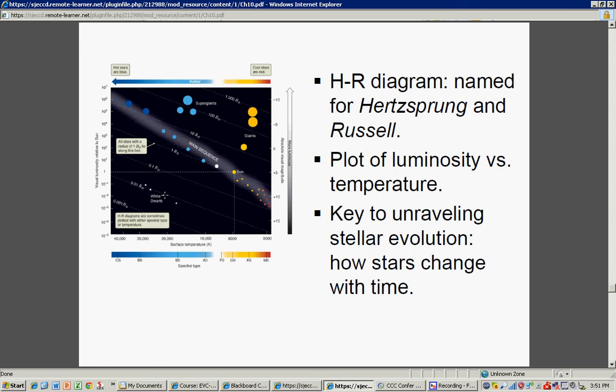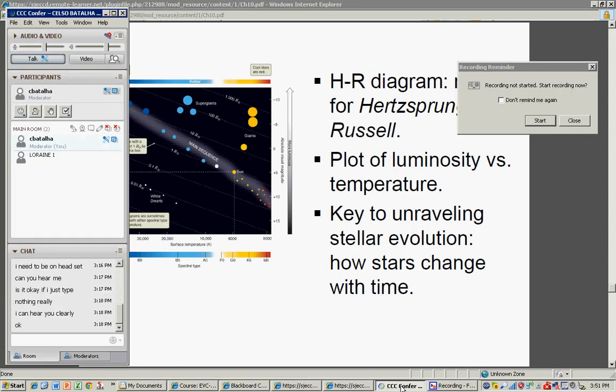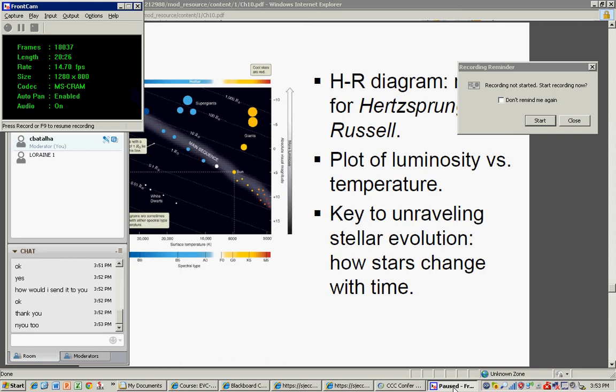Massive stars evolve quicker and faster than low mass stars. And most of the stars in our galaxy are low mass stars. The majority of them are low mass stars. Okay?